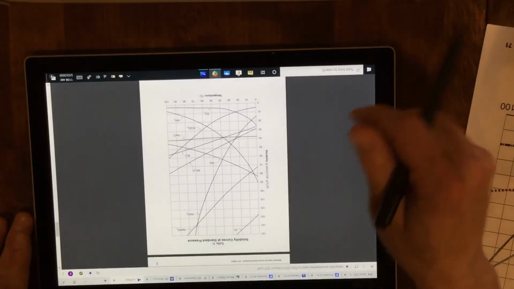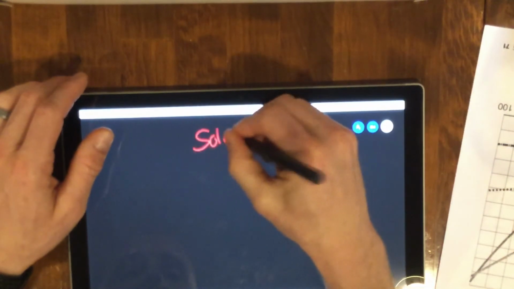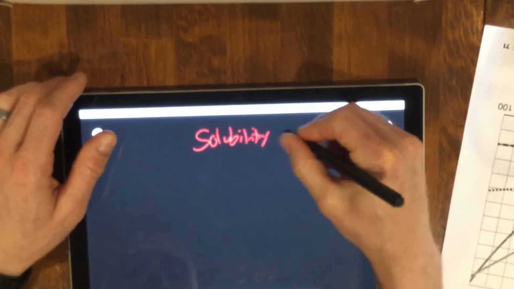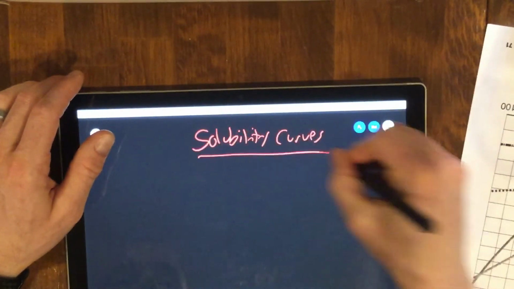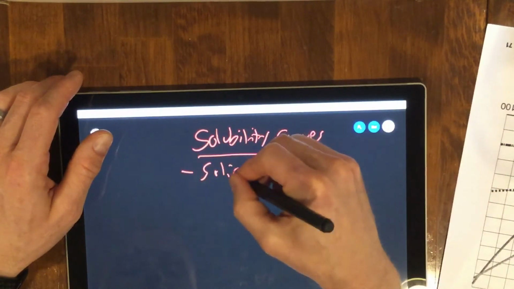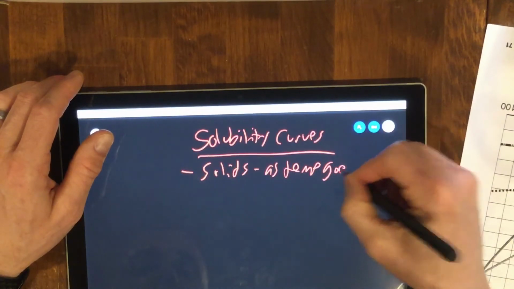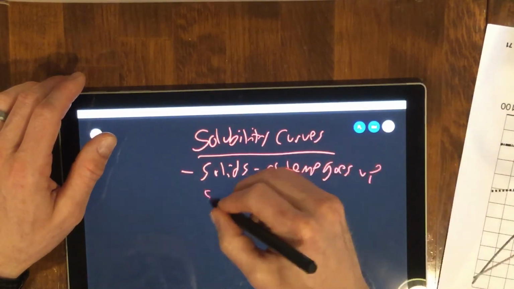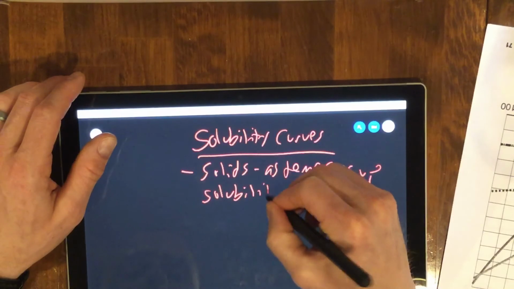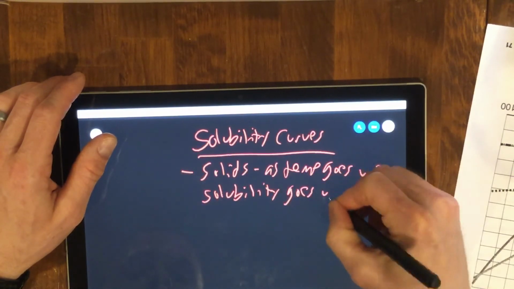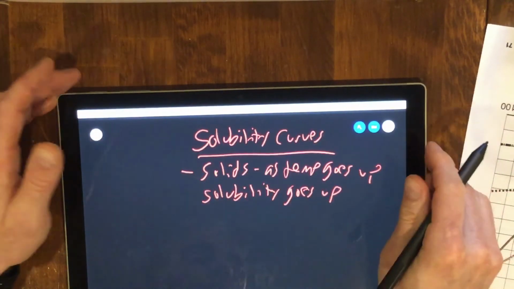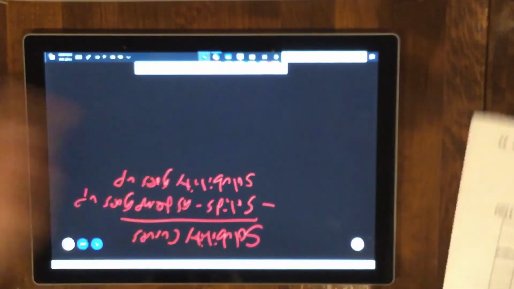But for solids, we can write here, solubility curves: in general, for solids, as temperature goes up, solubility goes up. I know this is really messy, I'm going quick.